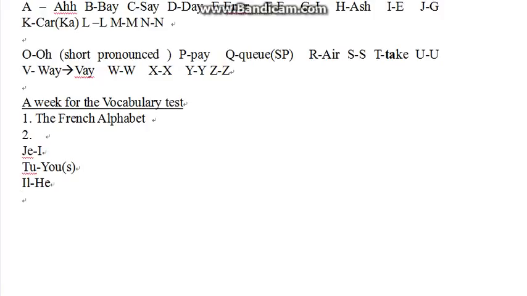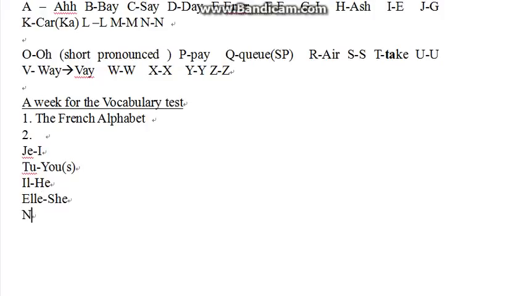And elle is she. Il and elle could mean it. Let's say it's a female cat, and you want to say the female cat did something. You use elle. If it's, let's say, a male cat, you say il.